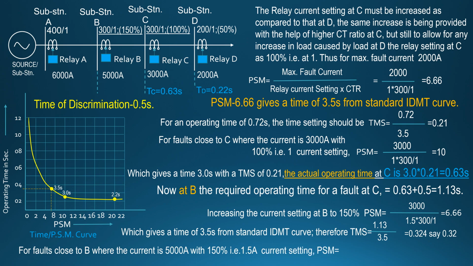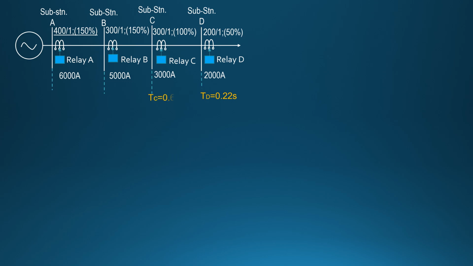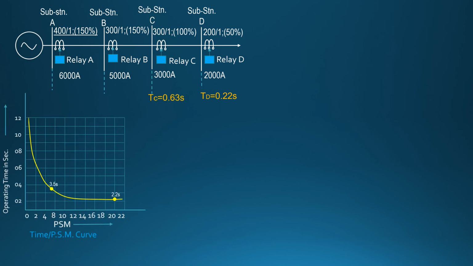is equal to 5000 divided by 1.5 into 300 by 1, is equal to 11.1, which gives a time of 2.95 seconds with a TMS of 0.32 from the time current curve shown earlier.